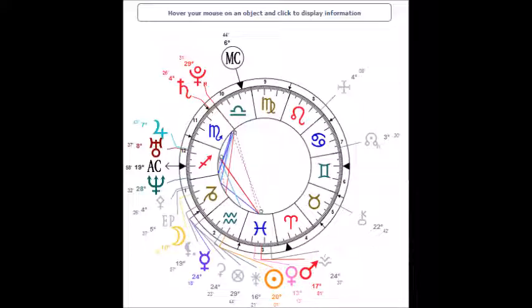So Jupiter energy will always be like expansion, good fortune, finances, abundance. Which makes sense if you're a Capricornian, because you want to work hard. You are going to be interested in finances and things like that.